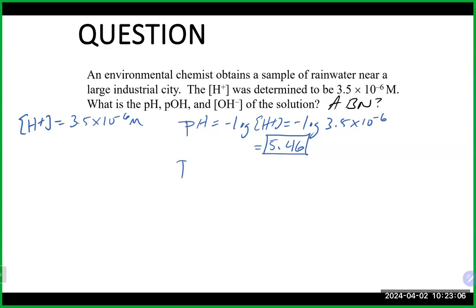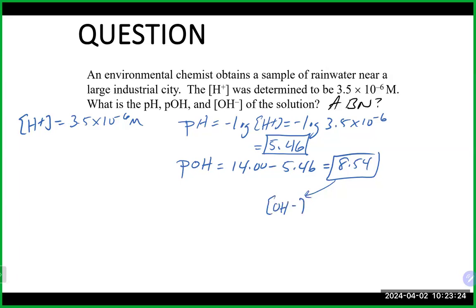We could then very easily get the pOH from that by basically just taking 14 minus the pH. And we'll do our 14 minus that, 8.54 pOH. Now that we have the pOH, we could also do the inverse log of the negative pOH.